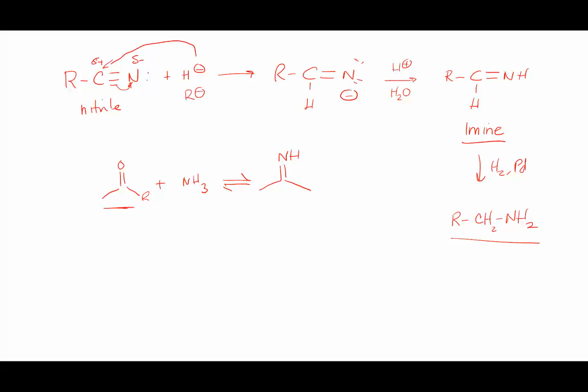That's actually why we talked about them before we get to a whole series of organometallic reagents. So that's nitriles and the reduction of nitrile. Okay. All right, so we can make primary amines from Gabriel synthesis, from azides, and also from nitriles.